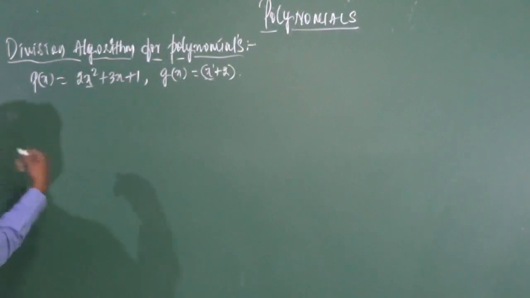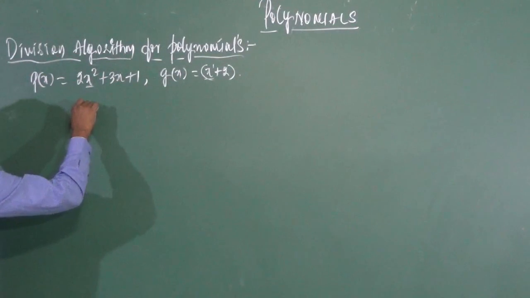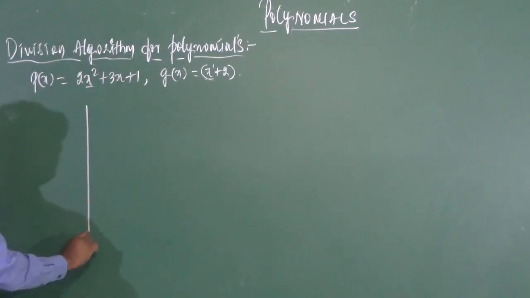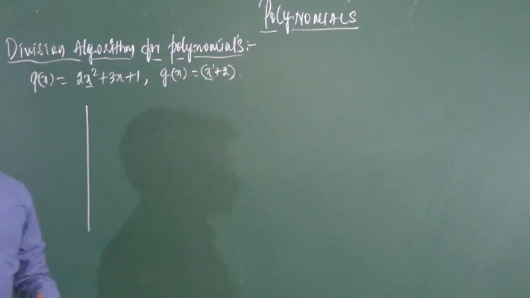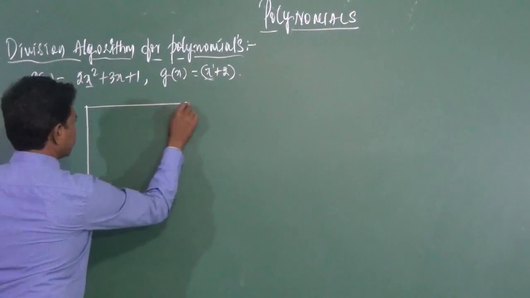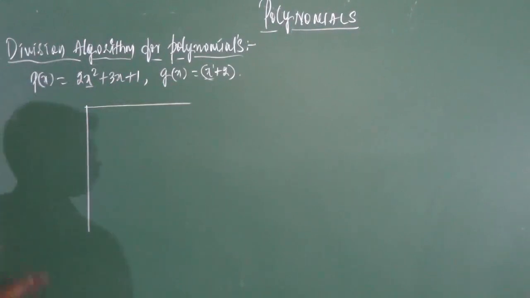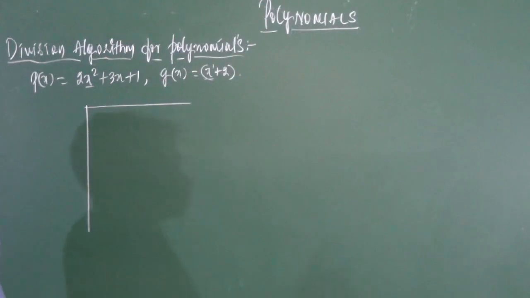Now let us divide p of x by g of x. We will go with a new process which you have not learned earlier. It's very important, it's very nice, you will enjoy it. This is called the long division process. The process of dividing a polynomial by another polynomial is done by the method called long division.